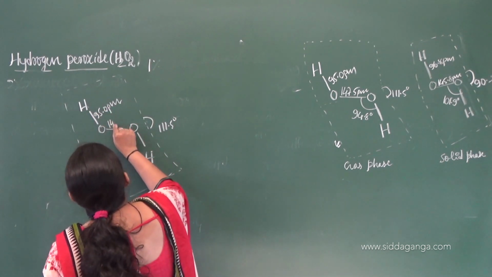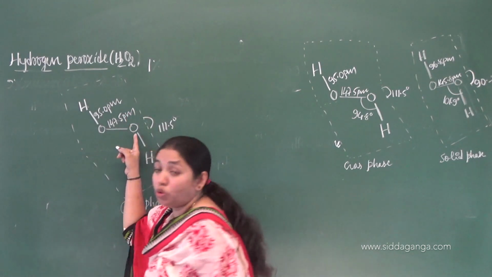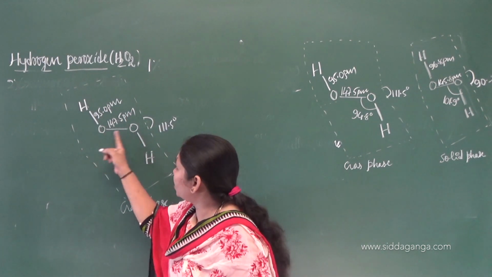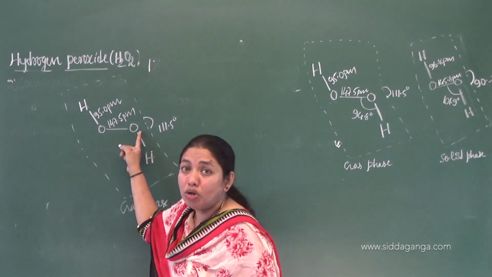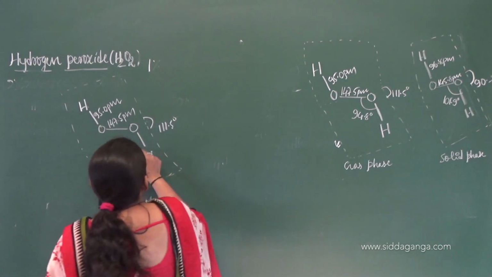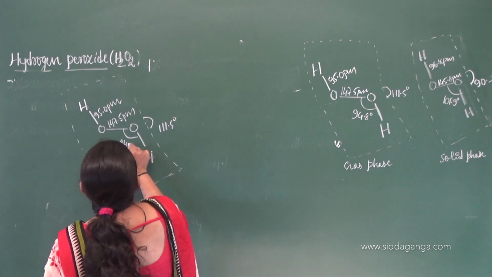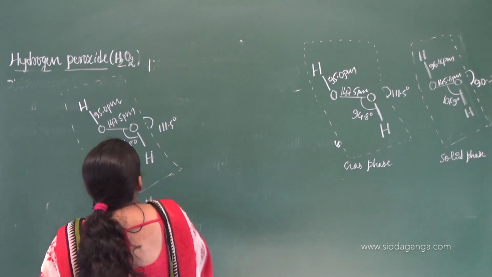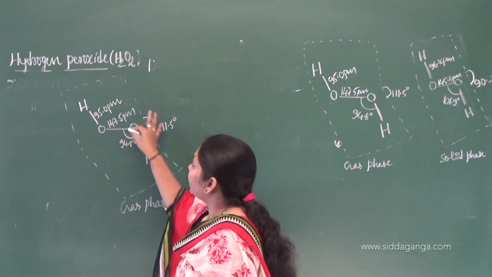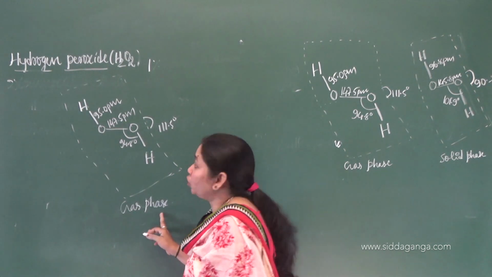And this OO linkage is called what? Peroxo linkage, because two oxygens are linked to one another. That's why it is called hydrogen peroxide. And this bond angle will be 94.8 degrees. This is in case of the gaseous phase of hydrogen peroxide.